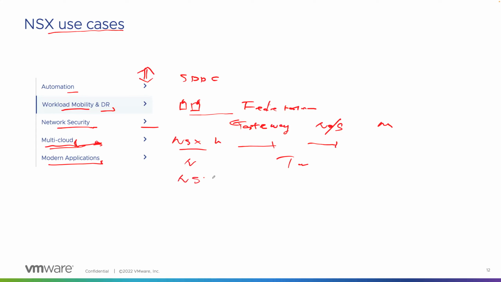The NSX team also provides an open source CNI, an open source container network, which is Antrea, similar to Flannel or Calico. CNI is a network used in Kubernetes. So those are the five use cases for customers to leverage NSX.